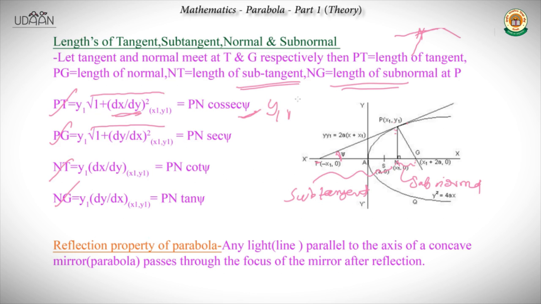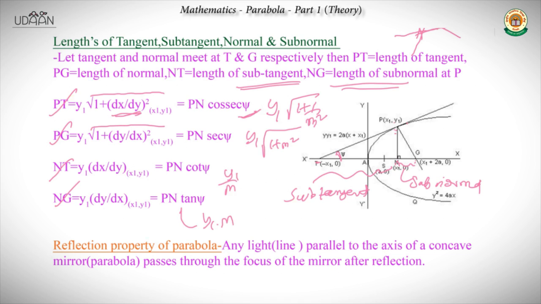So we'll rewrite them in the other form. The length of tangent is y1 into root over 1 plus 1 by m square. Similarly, the length of normal is y1 into root over 1 plus m square. Length of subtangent is y1 by m, and length of subnormal is y1 into m.